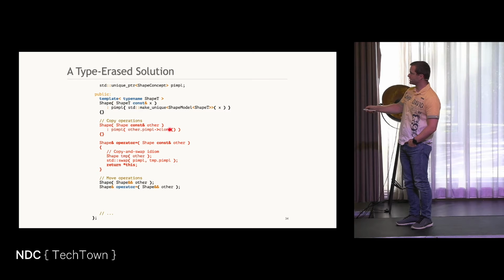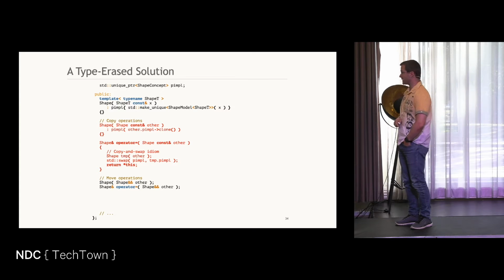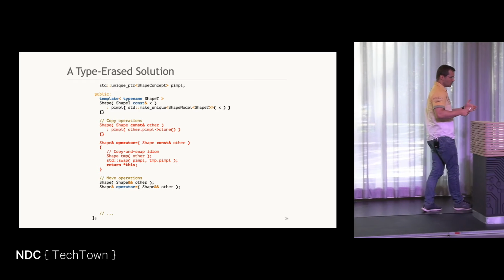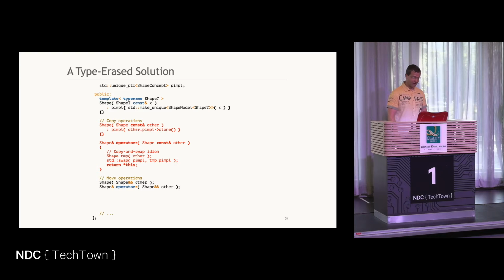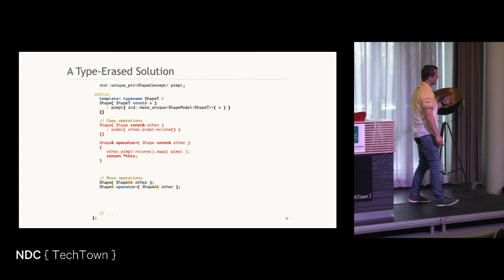And a copy assignment operator, I simply implement by the common copy and swap idiom, which I know some people are not super happy about. It's not the most efficient thing to do. But in this case, there is no other thing that we can do. After all, we have no real information on what it is, so we can only create a copy. But at least for those who don't like that, you can reduce this to a single line if you want to. It's still the same thing though.